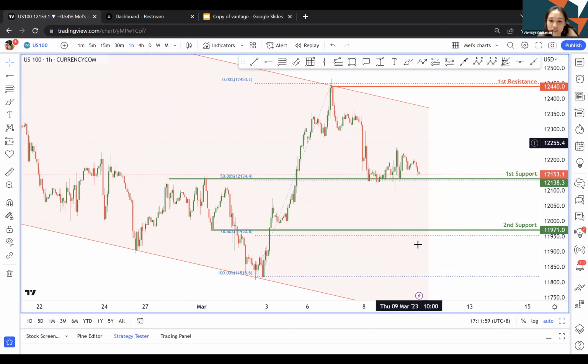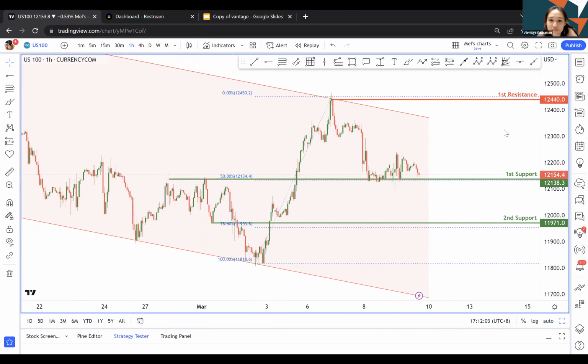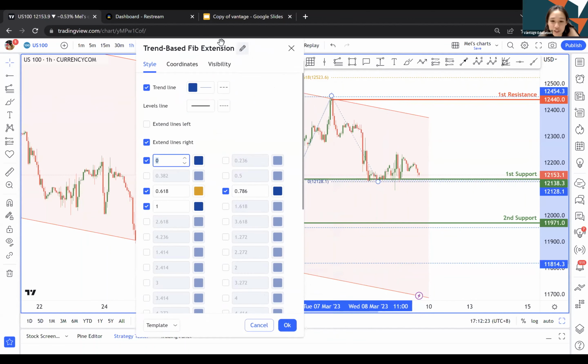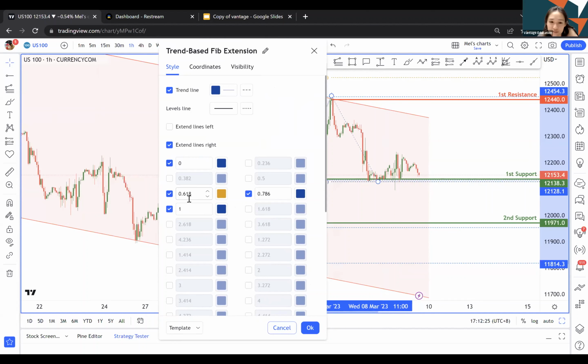Now let's see if we have any other levels. Okay, so for projection, we typically use these three levels, the 61.8, 78.6, as well as the 100%.